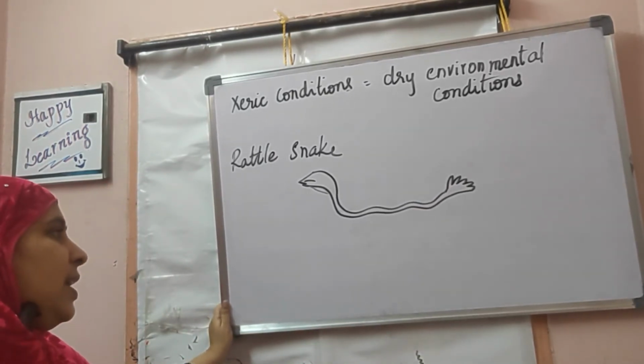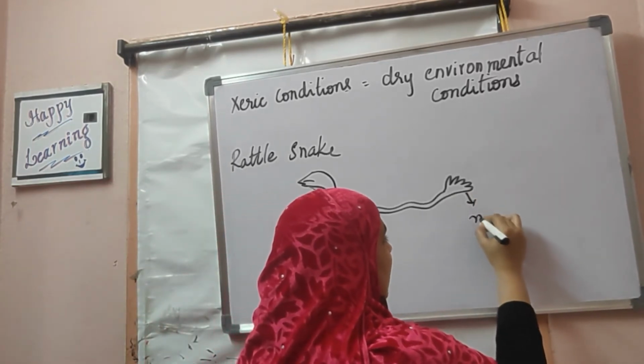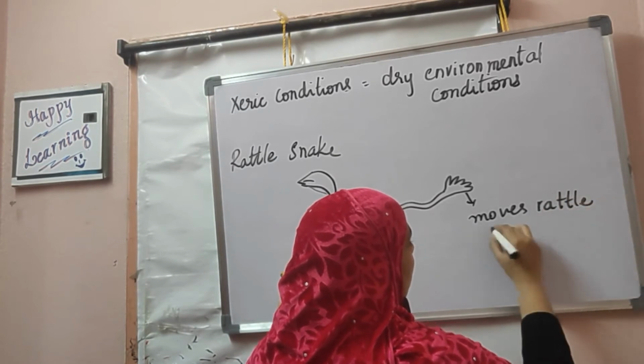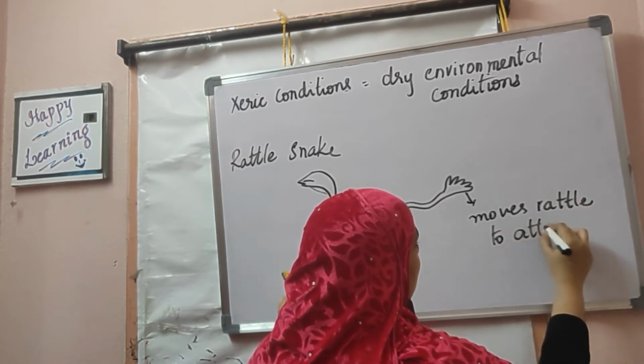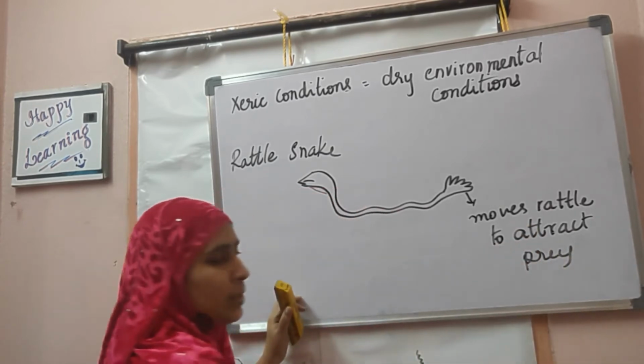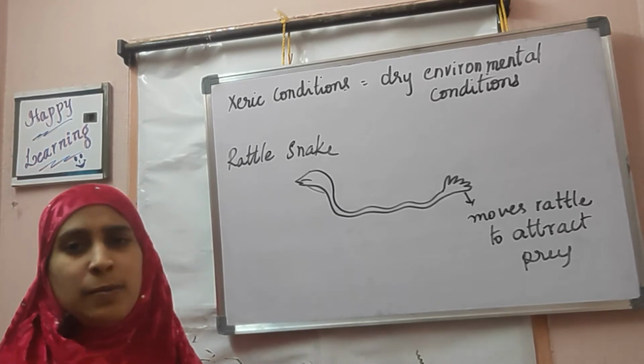This snake is called a rattlesnake because it moves this rattle to attract prey. Because of this sound, the prey gets attracted, and the rattlesnake hunts that prey and has it as its feed.